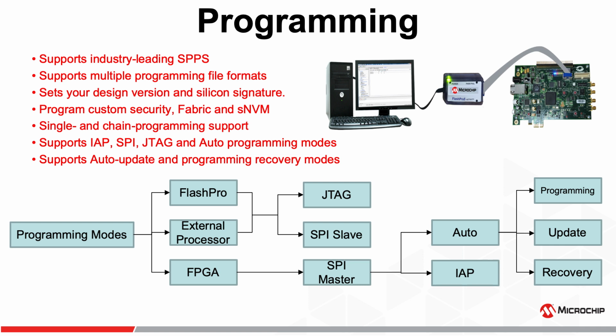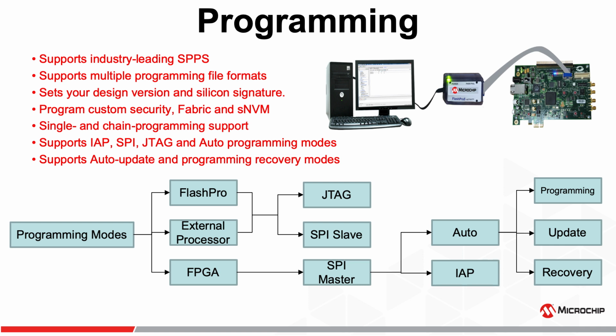One is auto programming. This means if you have a blank FPGA and you are programming it for the first time, from the factory you get a blank FPGA, and now you are programming it from the external SPI flash.